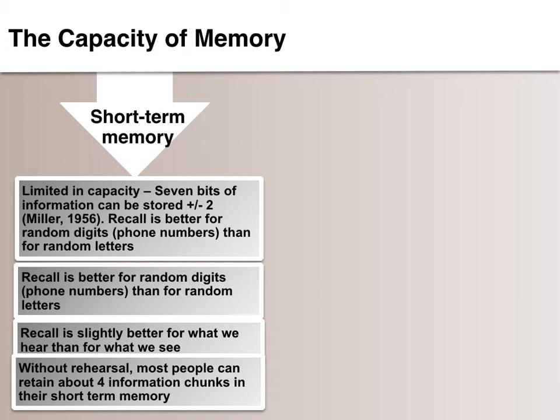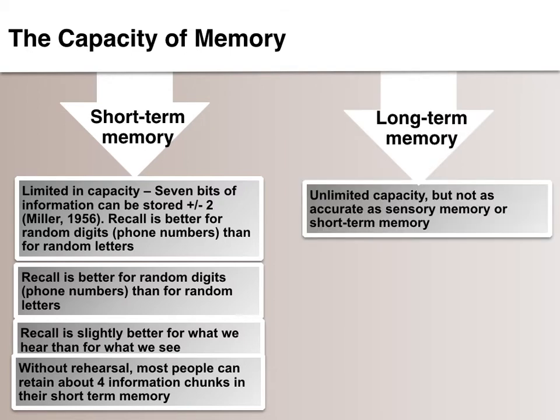So when I said we chunk that social security number, without rehearsing it our desk is usually about 4 chunks. We don't have a very big desk, okay? Most of the stuff that we need is in long-term memory. We pull it out to the desk, we put it back into long-term memory. If we rehearse it, then it starts to go into long-term memory, and so it's becoming encoded.